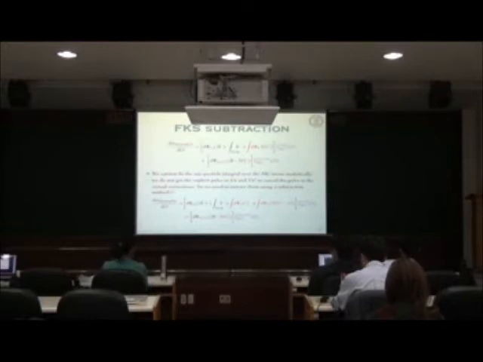Now you might also see why FKS subtraction is kind of efficient, in the sense that because it starts from the collinear picture, you always start with 2 partons going collinear. And that is the same as what you do in the Monte Carlo terms. The Monte Carlo also is exact in collinear branchings.